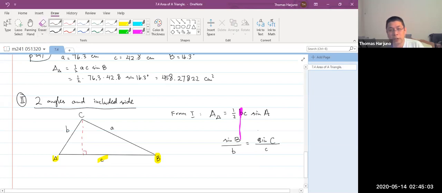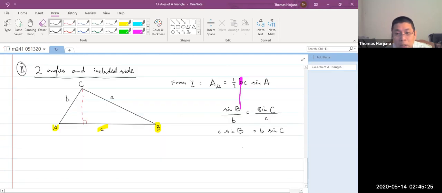So C sine B equals B sine C. Is it right? Okay, so B is equal to C sine B over sine C.